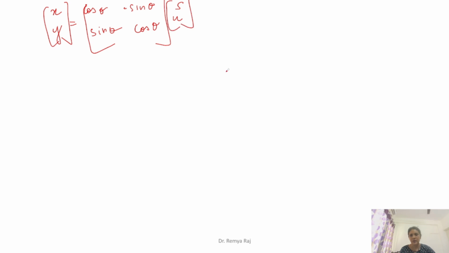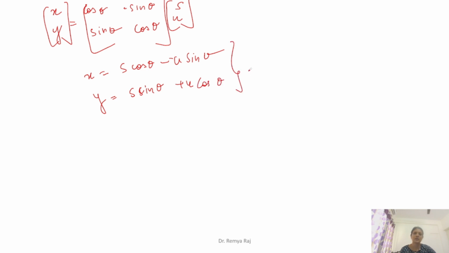So from this we can write x is equal to s cos theta minus u sin theta, and y equal to s sin theta plus u cos theta.